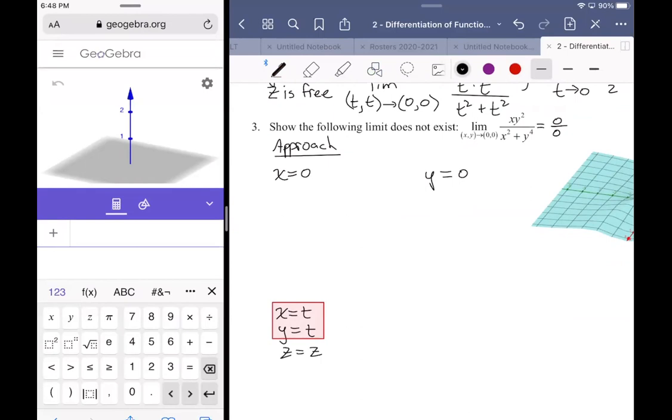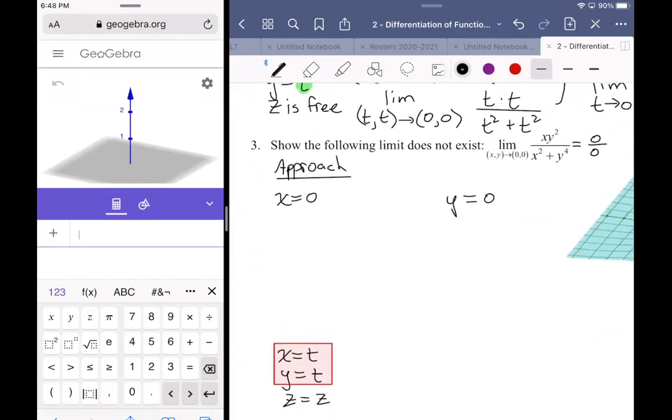So we're holding x constant at 0, which means y is the one on the move. Y is approaching 0. Pop in a 0 for x. You're going to get 0 times y squared over 0 squared plus y to the 4th.